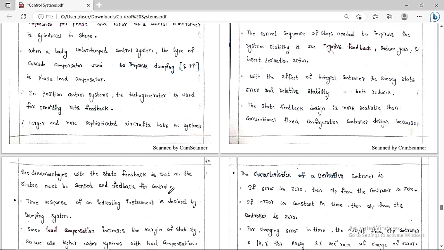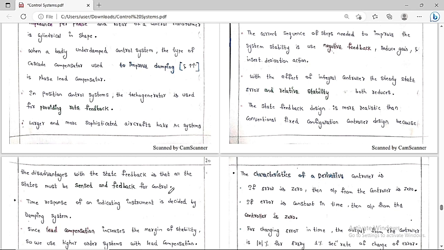Out of this, state feedback design is more realistic when compared to conventional fixed configuration, whereas in the case of state feedback design, all the states should be sensed and also fed back for the control. This you always have to keep in your mind.